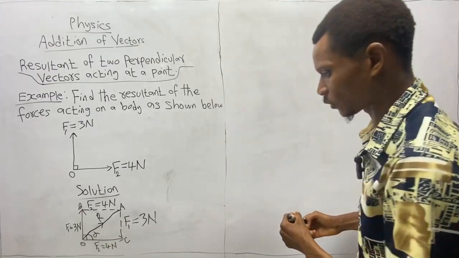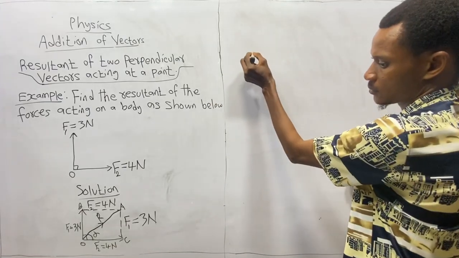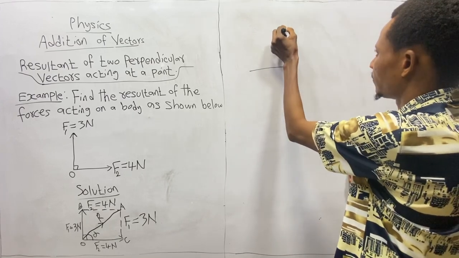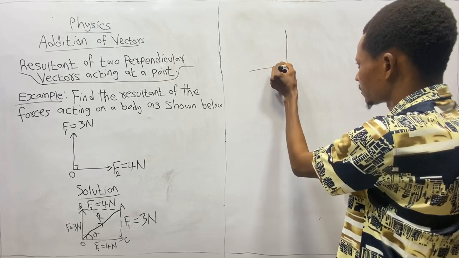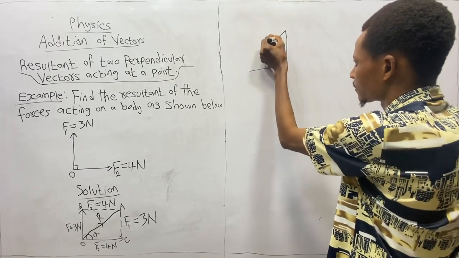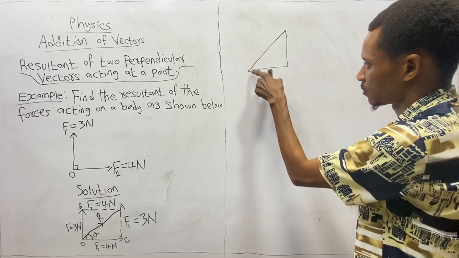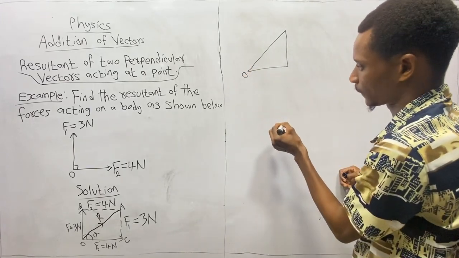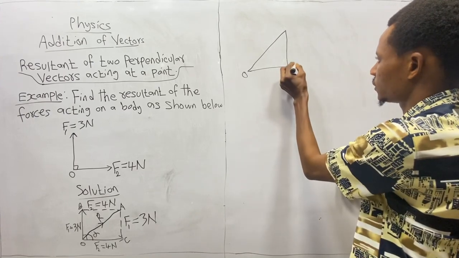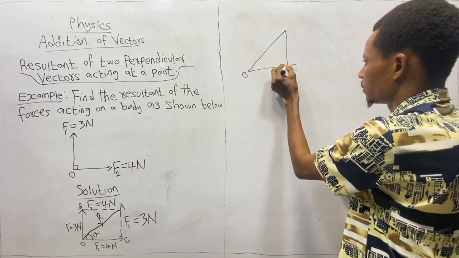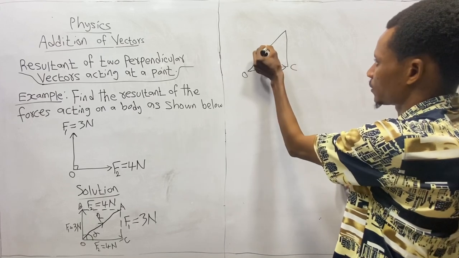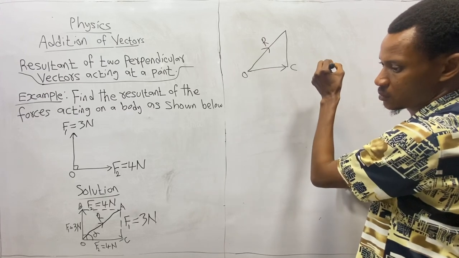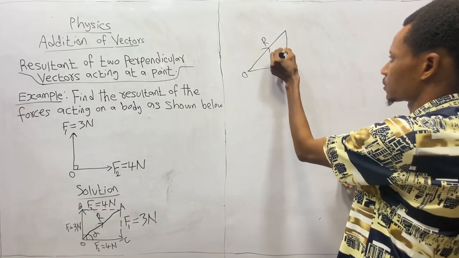So let's draw this right angle triangle. Like this, then like this, then like this. Where this is your O, this is your C. This is the direction of this line. This is the direction of this. This is your arrow. This is the direction of this.